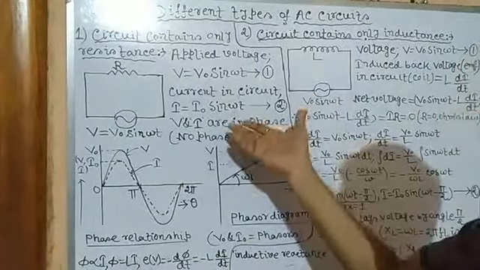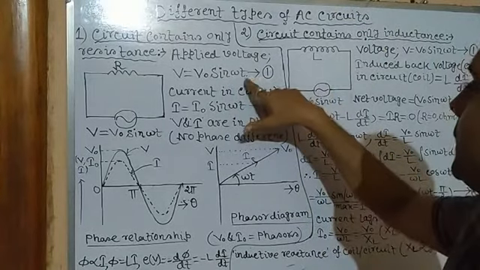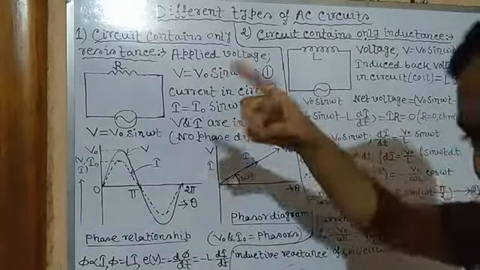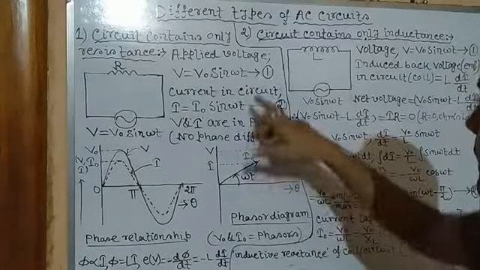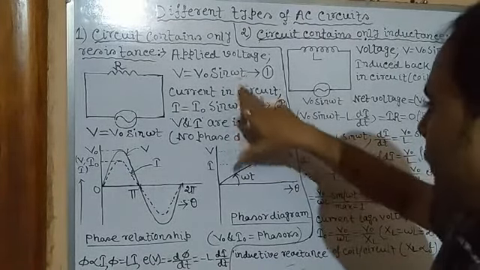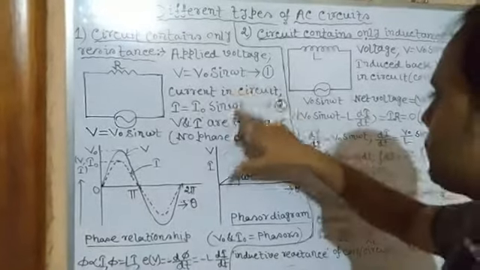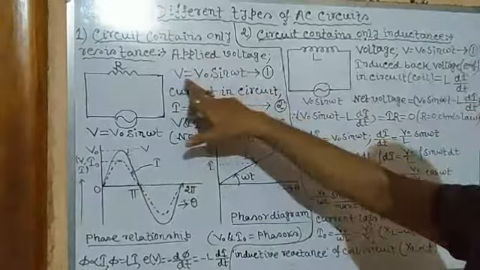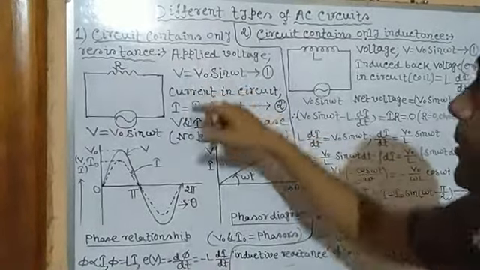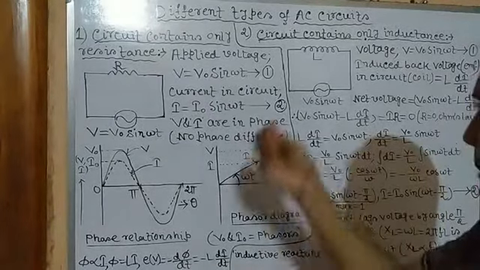Current is also sinusoidal because of the term sine omega t, and it varies with time t, first maximum, then minimum, already discussed. It has the same frequency, since it has the same angular velocity. The coil was rotating with angular velocity, isn't it? So the supplied or applied voltage V equals V0 sine omega t, where V0 is the peak value of the voltage or the maximum voltage.